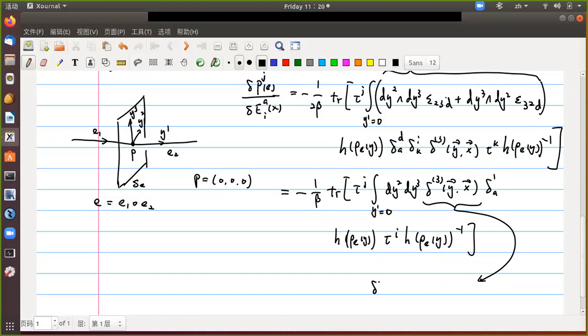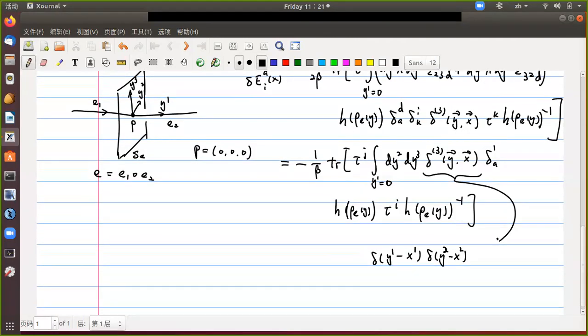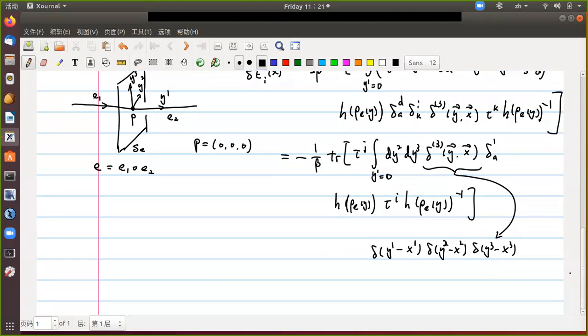So firstly, it equals delta y1 minus x1, and delta y2 minus x2, delta y3 minus x3, right? Well, now, but y1 equals 0, because we are integrating on the surface with y1 equals 0.